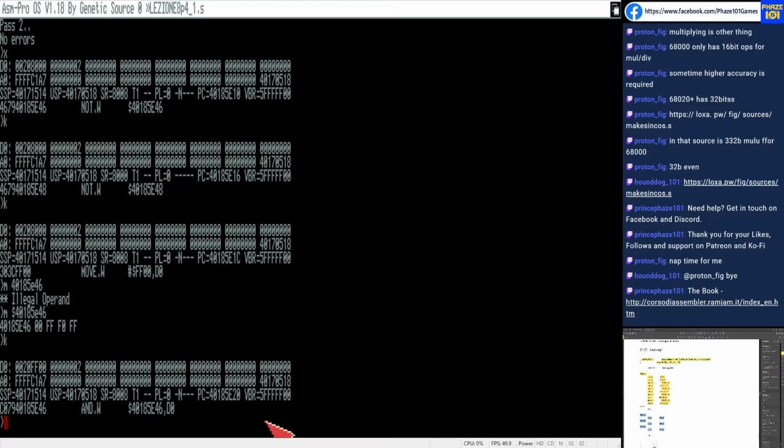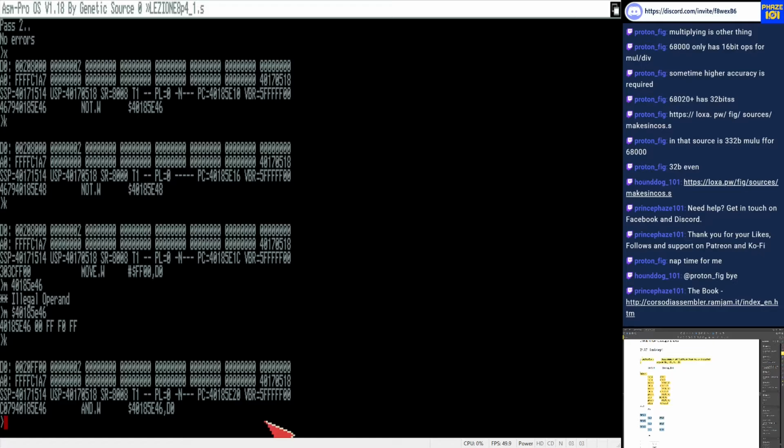So the 0 has the FF00, ignore what's in the high word right now. And we have the N flag set because the high bit is set. The next instruction is an AND with data 1.